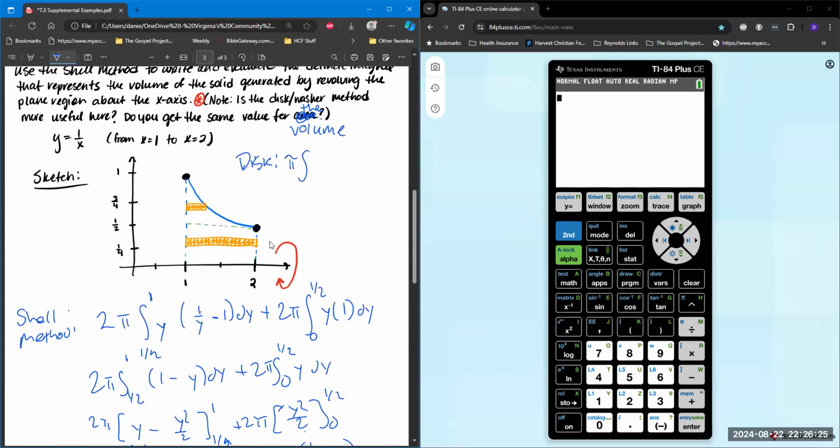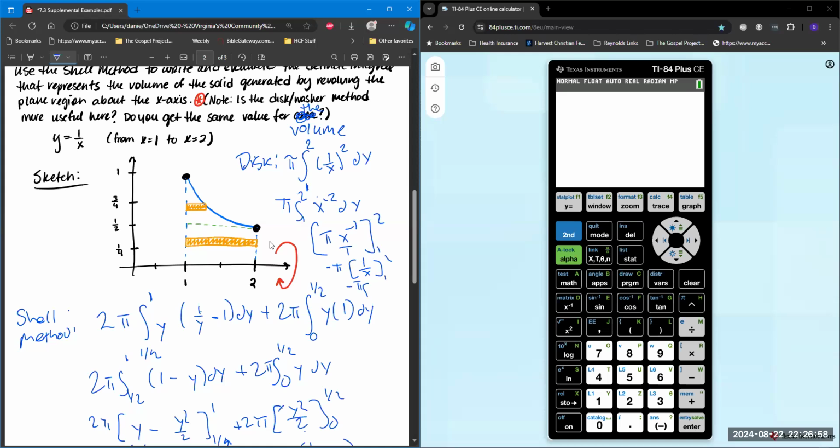Pi integral from 1 to 2 on x of 1 over x squared dx, pi integral 1 to 2 of x to the negative second dx is pi times x to the negative first over negative 1 from 1 to 2, which is negative pi times 1 over x from 1 to 2.